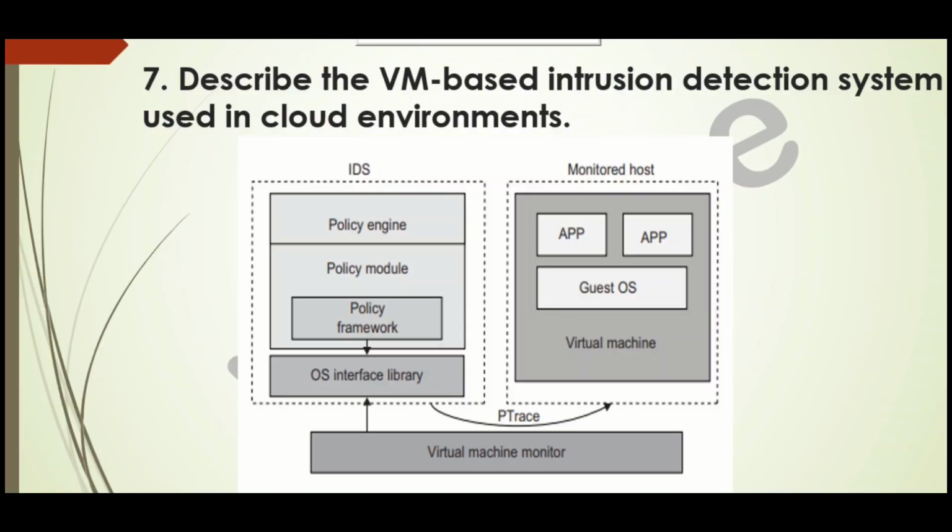And the IDS sits outside the virtual machine and includes components like a policy engine, policy module, policy framework, and operating system interface library. It uses the virtual machine monitor to observe the internal activity of the virtual machine without being inside it. Yes, this setup ensures better security as the IDS cannot be easily tampered with by attackers inside the virtual machine.